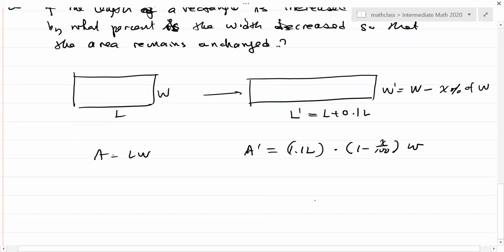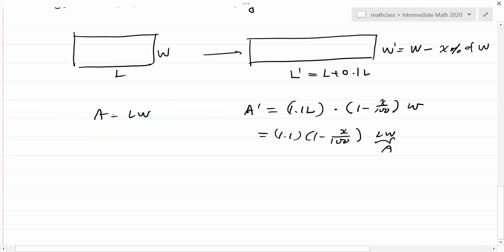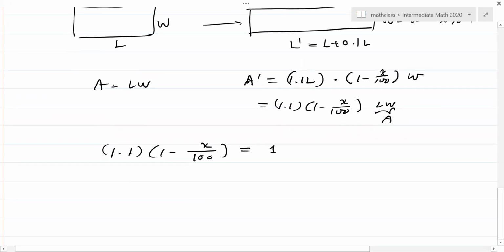The percentage will be changed to a decimal number. So it's 1.1 times 1 minus X over 100, and LW is still A. You want to make sure the area is not changed, so 1.1 times 1 minus X over 100 should always equal 1. Then you say that the area is unchanged.